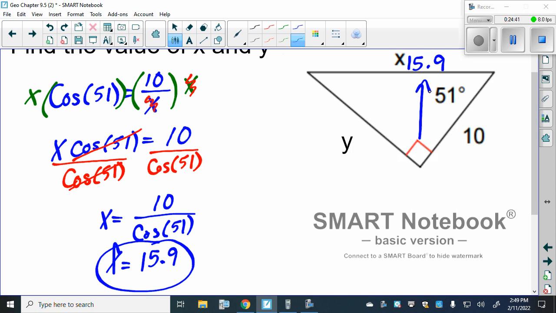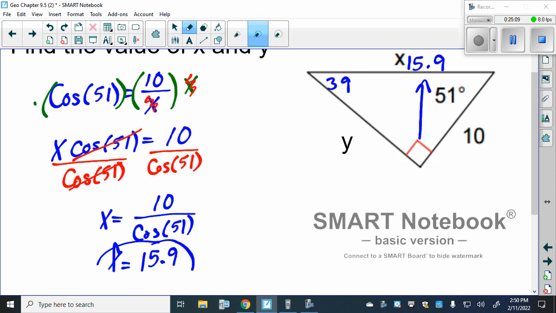So we're looking for y, expecting y to most likely be bigger than 10, because if we found this other angle, it would be 39 degrees. So we expect 10 to be the shortest side, and whatever we get for y will be in between the two.